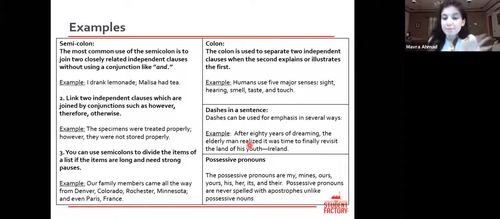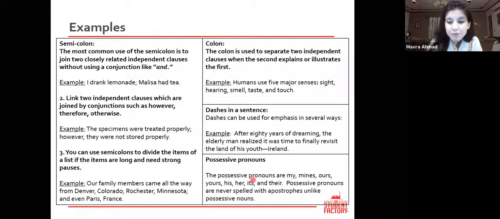In order to emphasize on that, there is a dash, and after the dash we can see the name of the place, which is Ireland, right? So this is why we use dashes in a sentence. There could be more than one dash in a sentence depending on where we want to emphasize when we are writing a sentence, right?